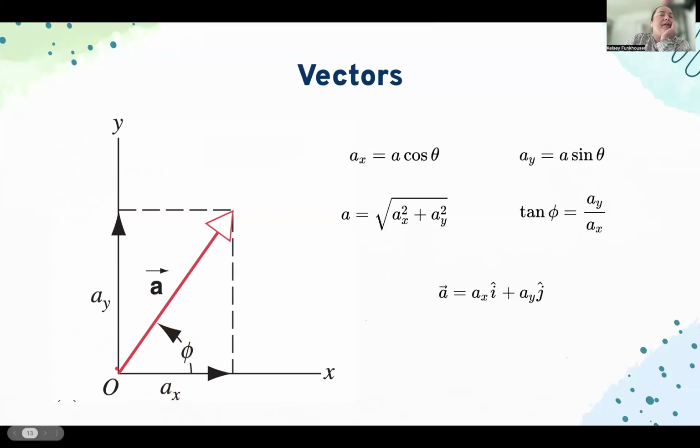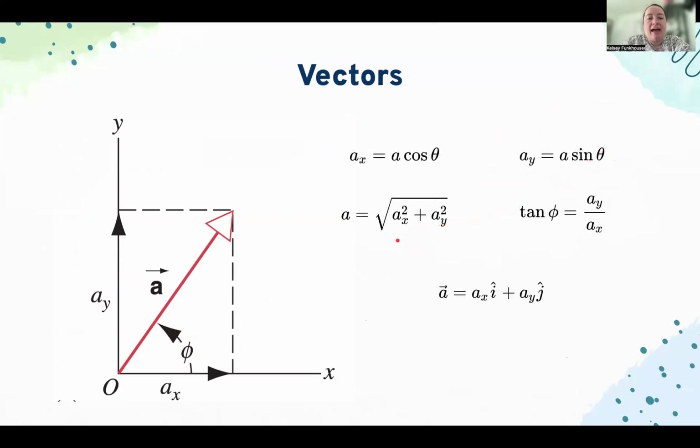Whereas y, we can put it along the y-axis. If it is easier for you to imagine it as a triangle, you can also imagine that the A sub y vector is here, and that puts it opposite to the angle phi, making it sine.